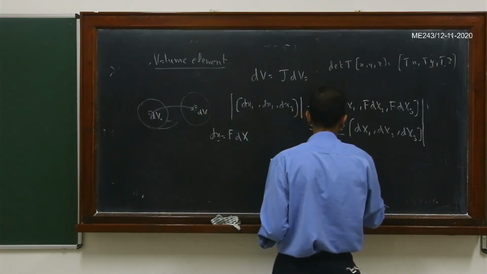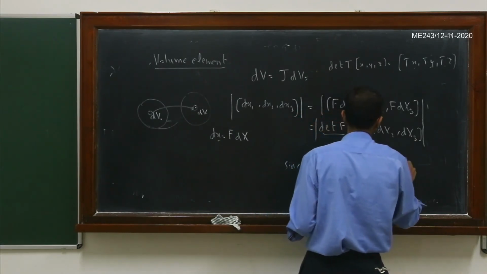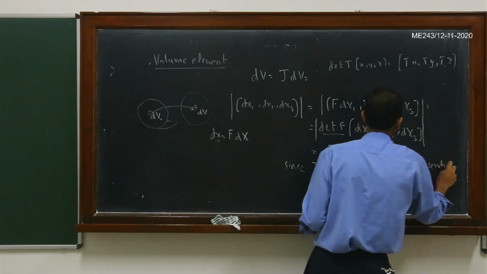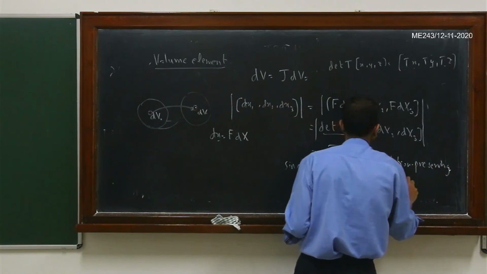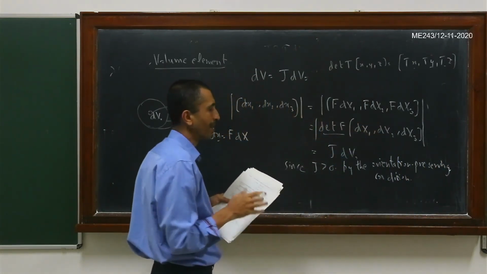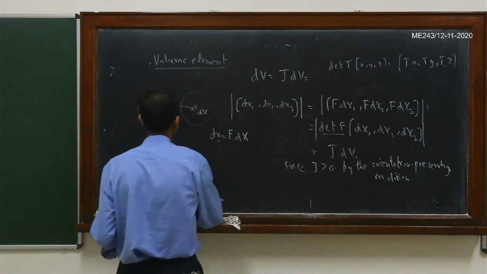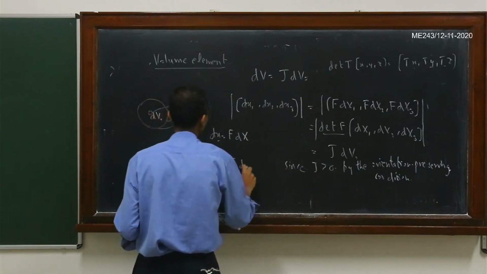Yes, so we have used this relation previously, but we had not proved it. But now we have shown that dV is equal to J times dV naught with J greater than 0.